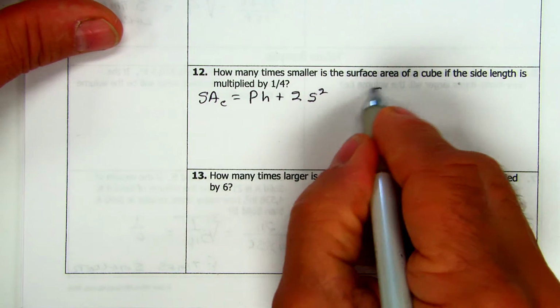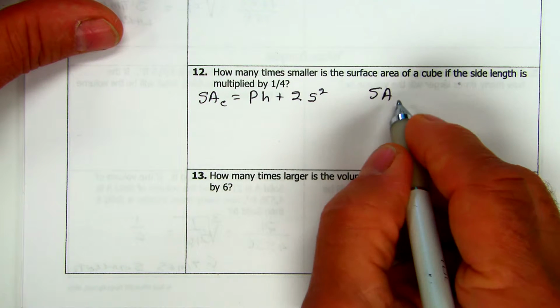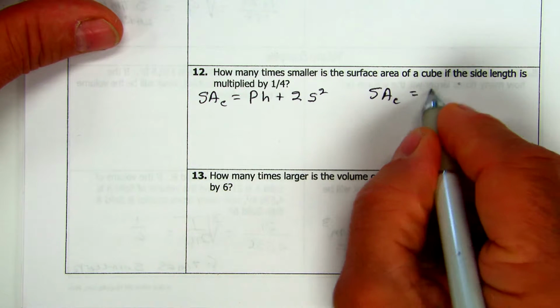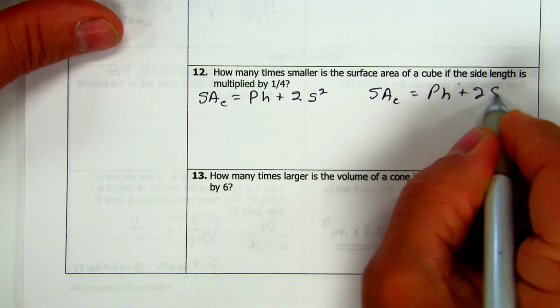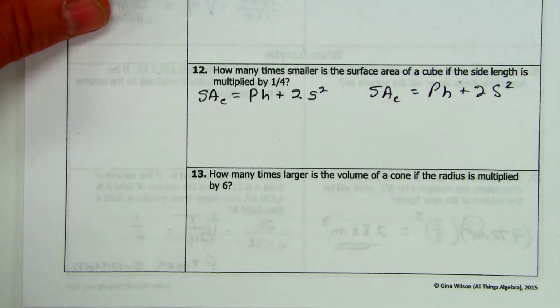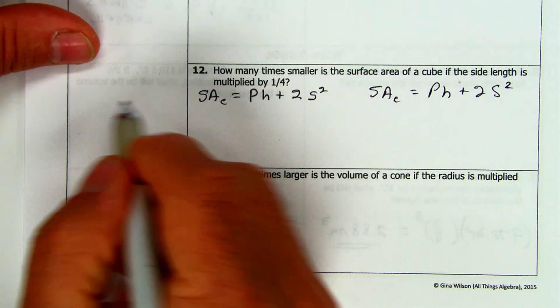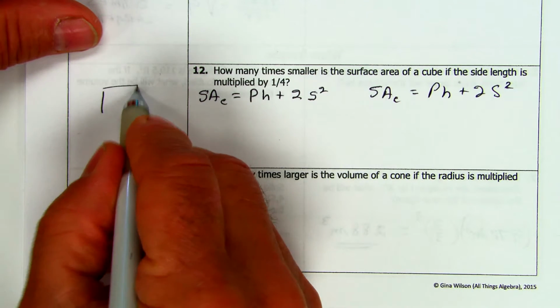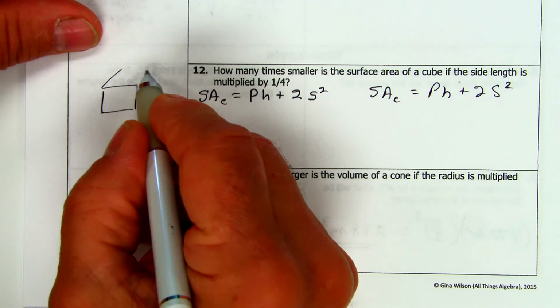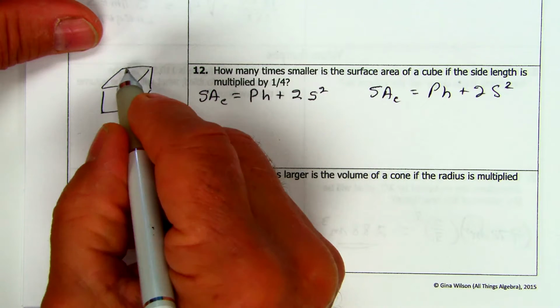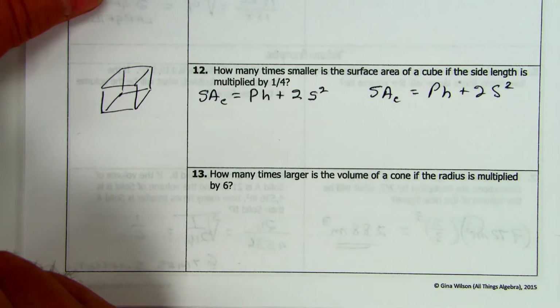So I've got surface area is equal to perimeter times height plus 2 times s squared. Now, so we're talking about a cube here. So here's my cube. Okay, so there's my cube.